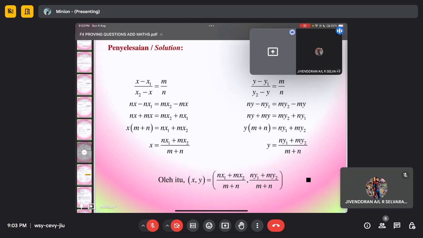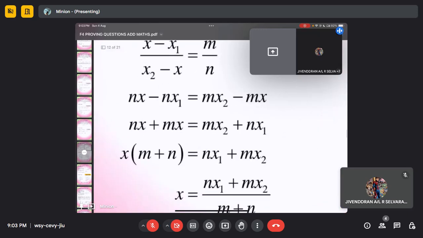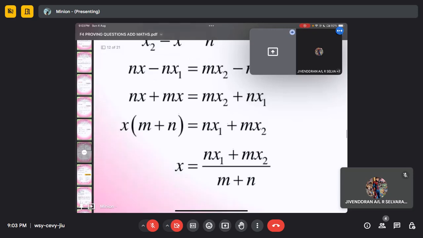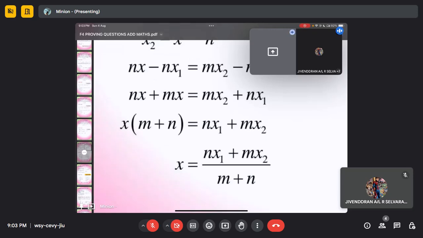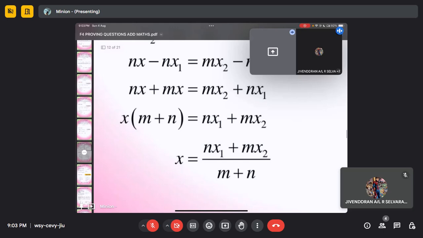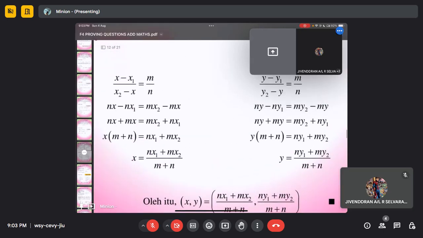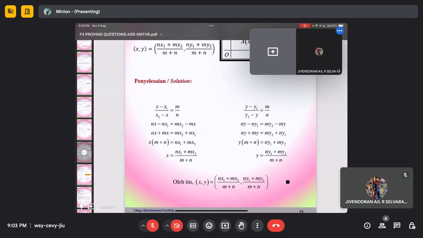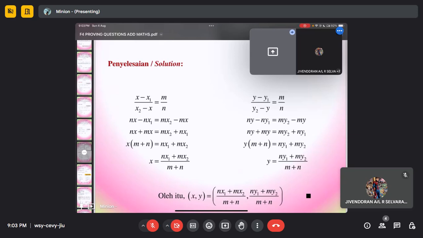If you expand and all, it will turn into x equivalent to nx1 plus mx2 divided by m plus n. You bring the times to the other side, and it becomes divide. This is for part x only.